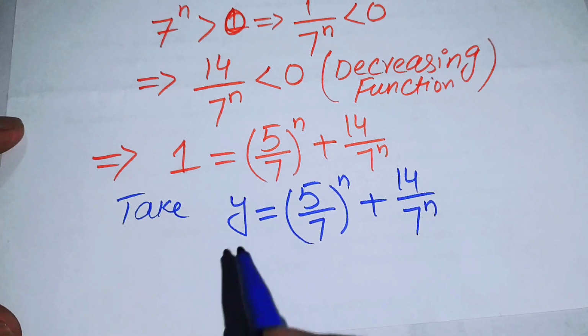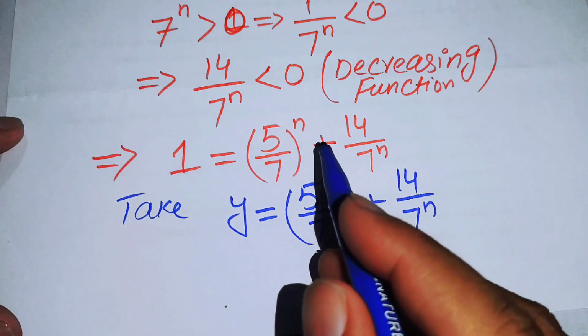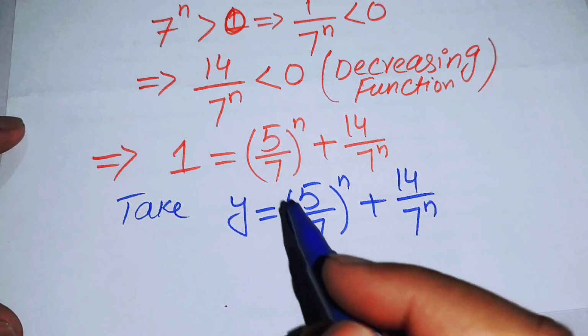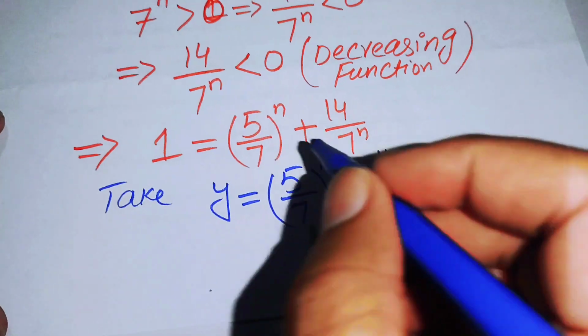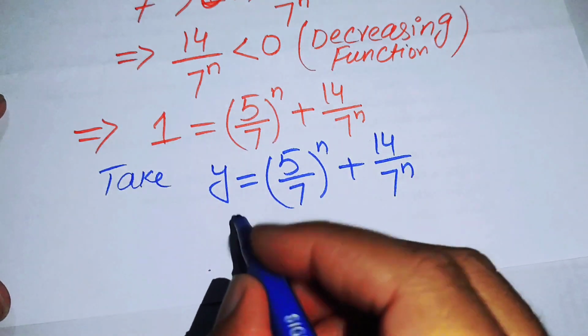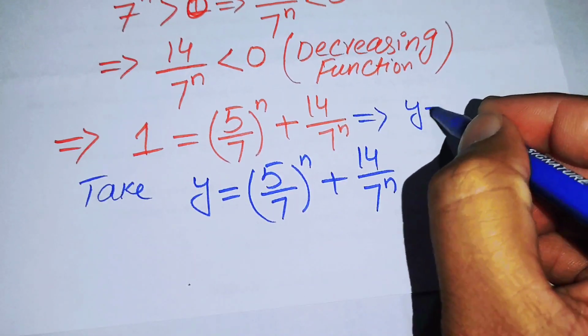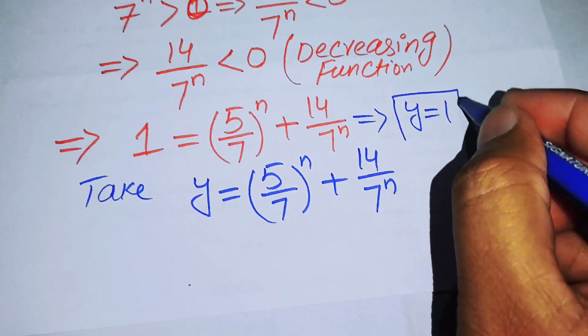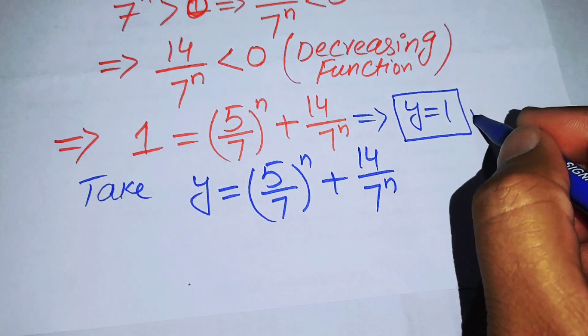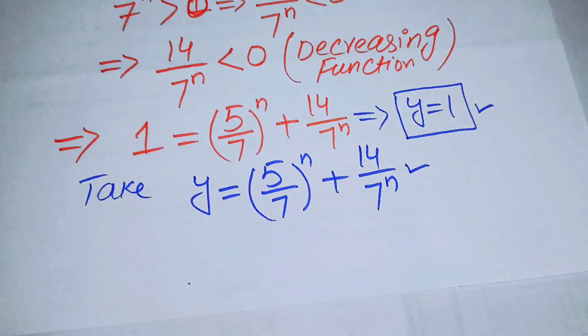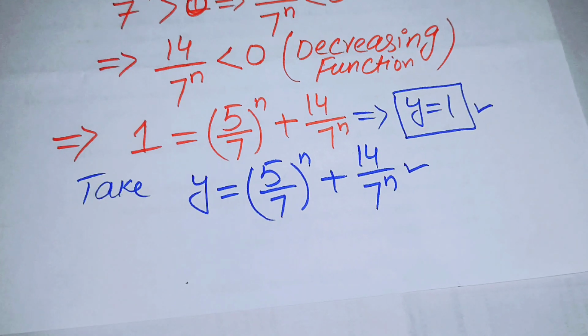So when we put the right hand side equal to y, this implies that y is equal to 1. So here you have two functions, one is y is equal to 1 and the other is y is equal to 5 over 7 to the power of n plus 14 over 7 to the power of n.